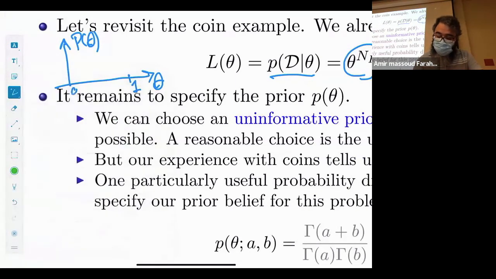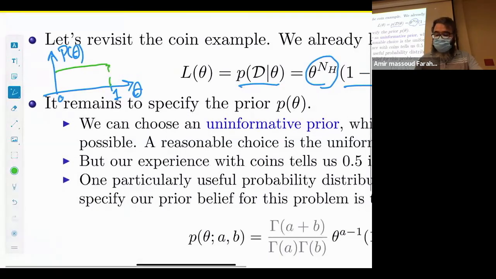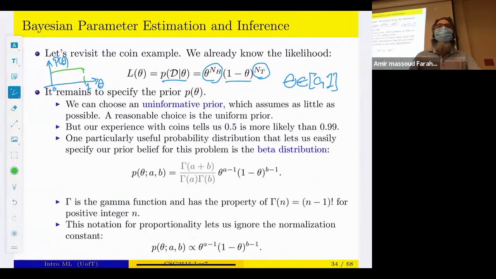One way to specify it is saying that we don't have any preference over any particular value of theta. All of them are possible. So we don't want to put any preference over any theta.